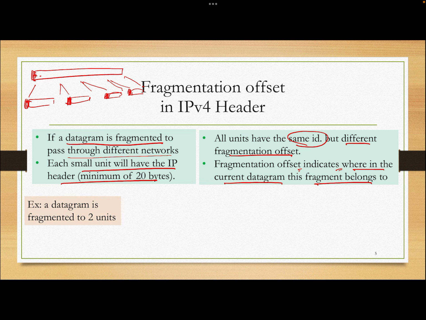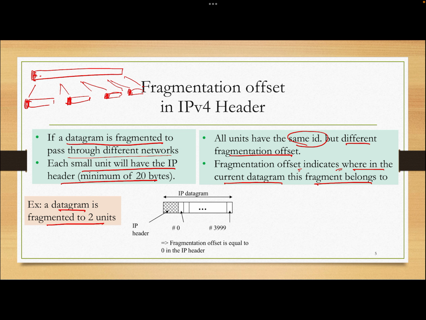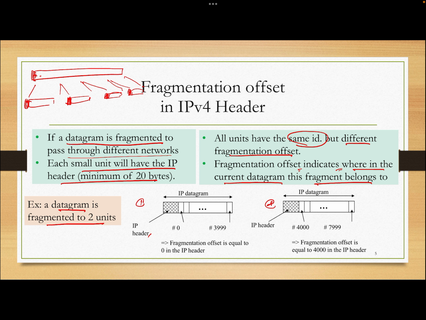Suppose a datagram is fragmented into 2 units. So this is the first unit and this is the second unit. Both of them have the same IP header. This one contains byte number 0 to byte number 3,999.